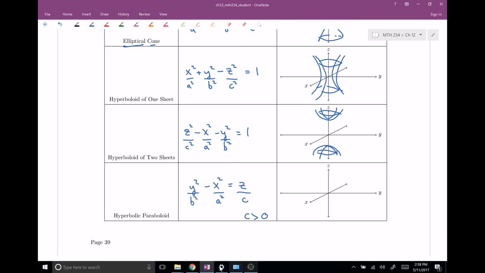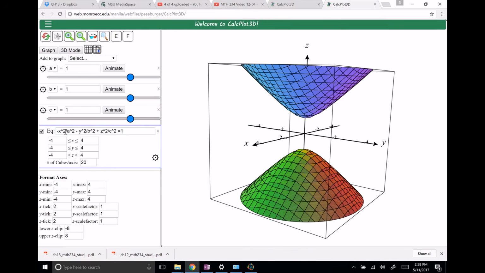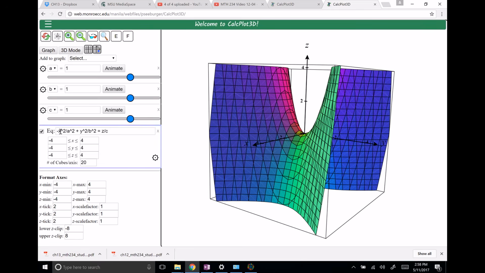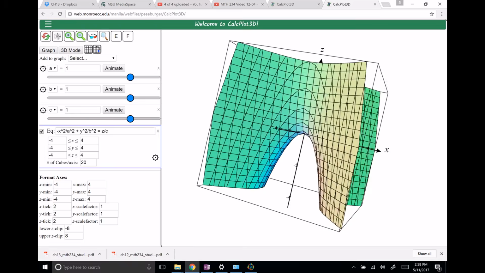Okay, so let's take one more look here. I have negative x squared, the positive y squared, and this time I have it equal to z, but it's z to the first power. Boom. There we go. So this is what it looks like.